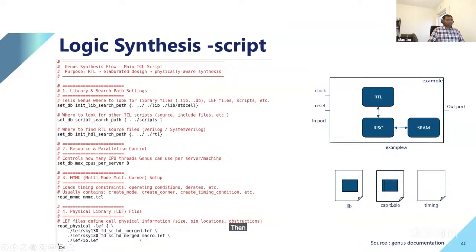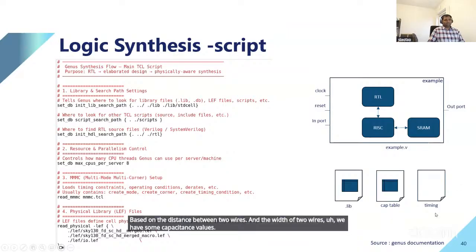Then there is parasitic information, which I told you about. That is a capacitance table, a lookup table. For all the wires, it gives the width of the wire and the distance between two wires, and based on the distance and the width of two wires, we have some capacitance values.